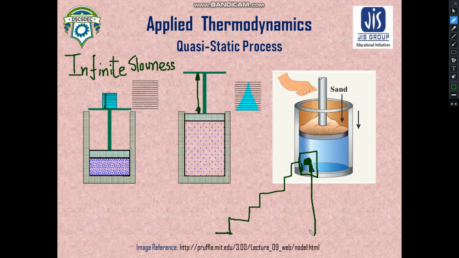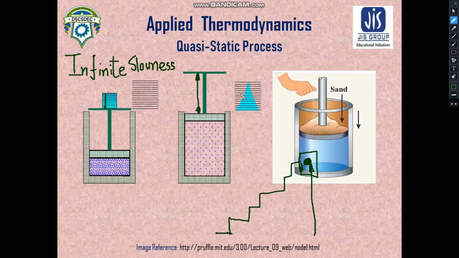When you were using the lift, the changes were very rapid, but when you are using the staircase, the changes are very slow. This is the primary difference between a quasi-static process and a rapid process.